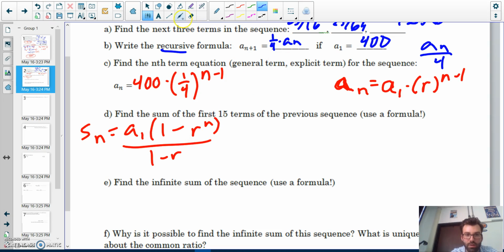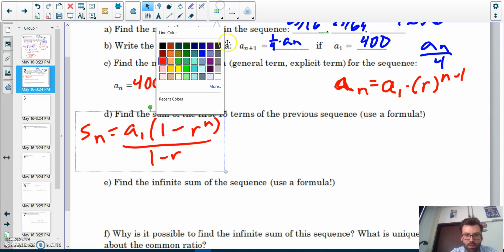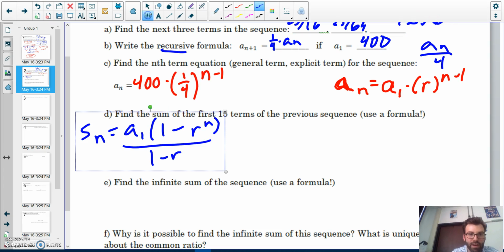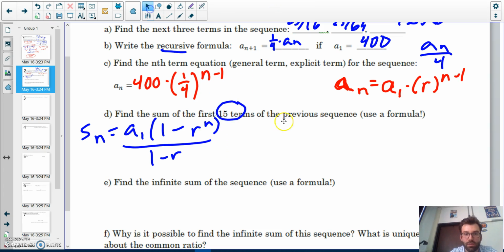So remember what I said on the last one: it says 15 terms, therefore anywhere you see an n, you plug in 15.